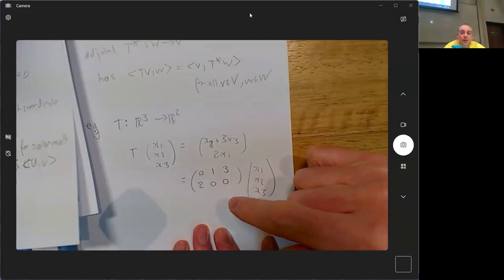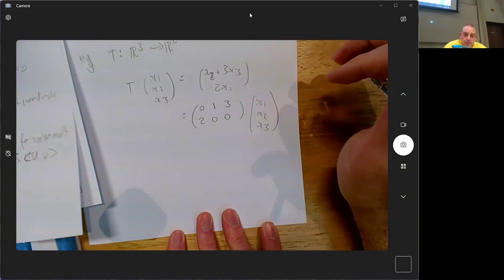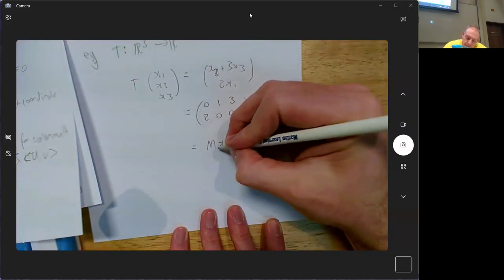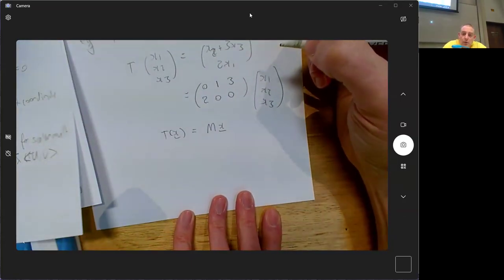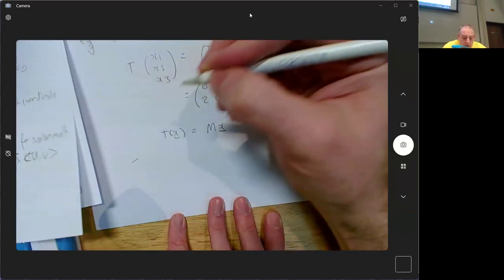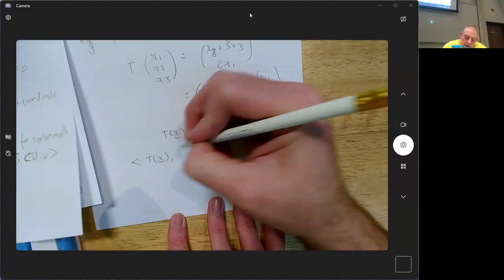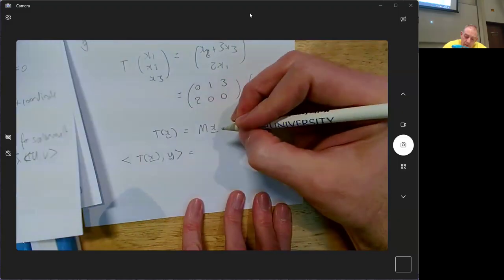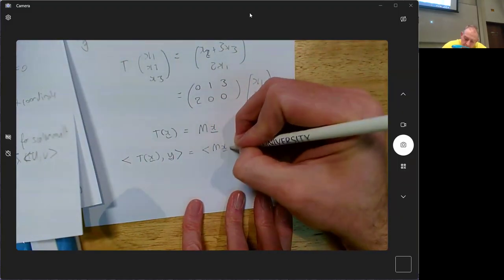It's that matrix. Okay, and so then to compute T star, I shall call this matrix M. Then the inner product, which would be a dot product of T of x and, let's call this y, is the inner product of Mx and y.